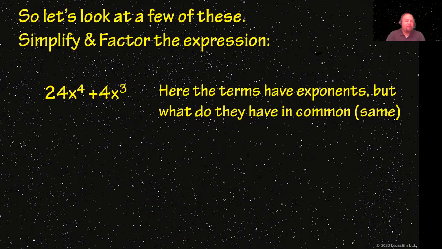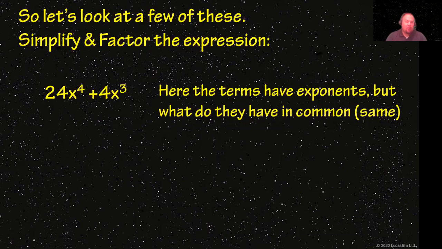Here we have more exponents. The exponents now aren't just a single number, it's a variable with an exponent, raised to an exponent. On these terms, we have to see what they have in common.